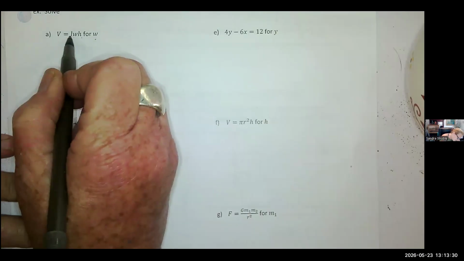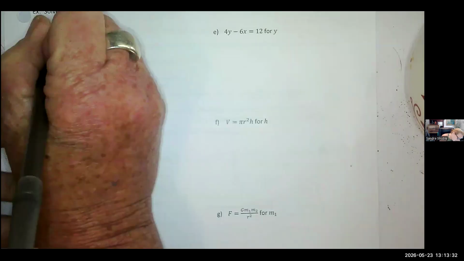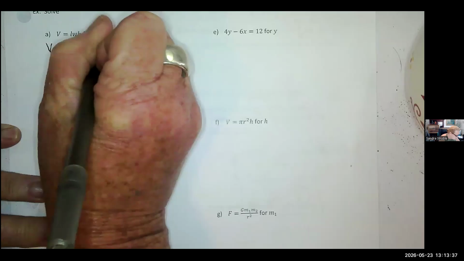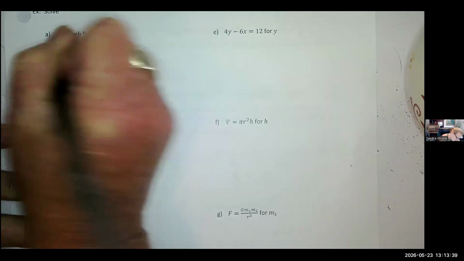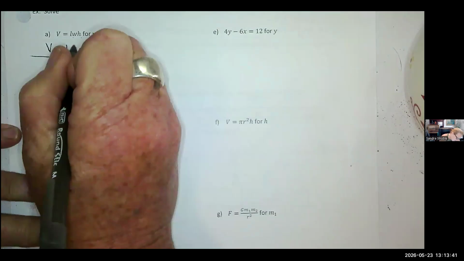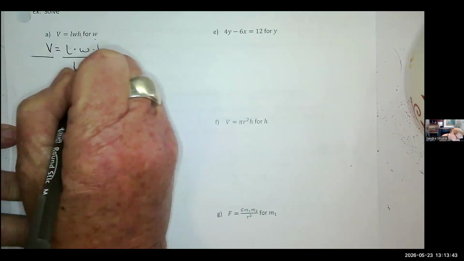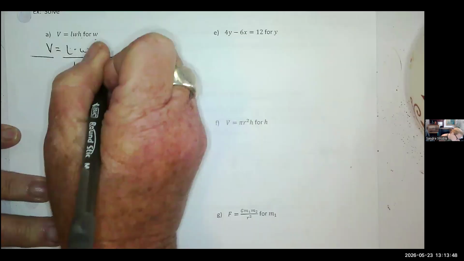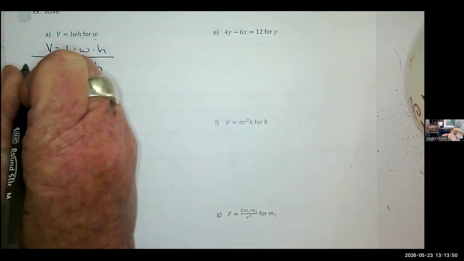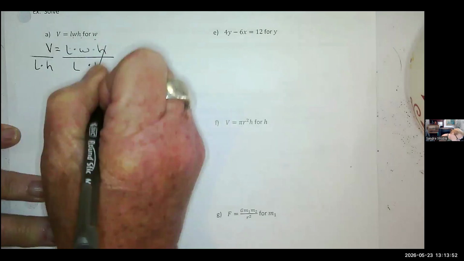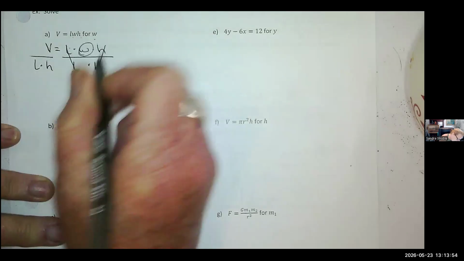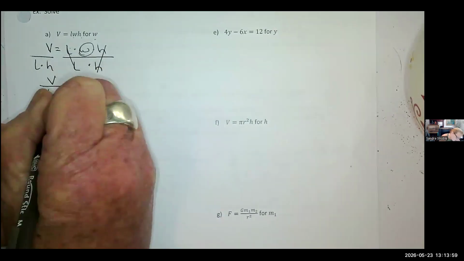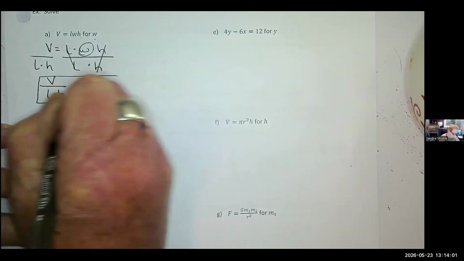I'm going to rewrite this as V is equal to L times W times H. And we're just going to divide both sides of the equal sign by the L, so it'll go away, and the H. And they will reduce. But what we do to one side, we have to do to the other. Now, W is by itself, and volume is divided by length times height. You could also just write LH.